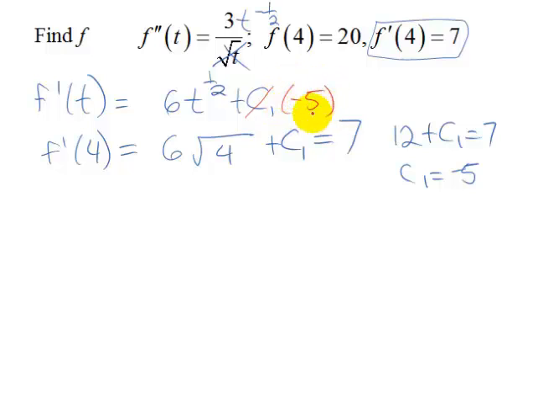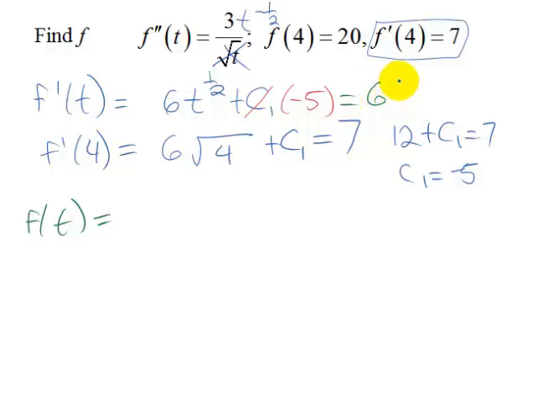This is negative 5. Now we're ready to work on finding f of t, which would be the antiderivative of this function. I'm going to rewrite it so I can see clearly what I have: 6t to the 1/2 minus 5. Now this is what I'm interested in antidifferentiating. I first of all look at that t to the 1/2 and say, well, I need one higher power.